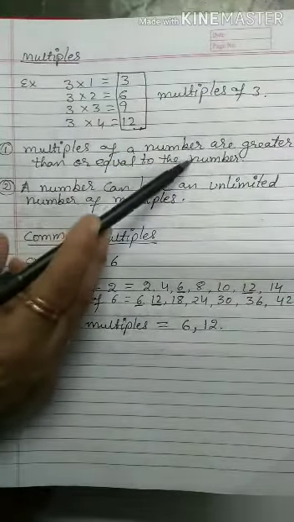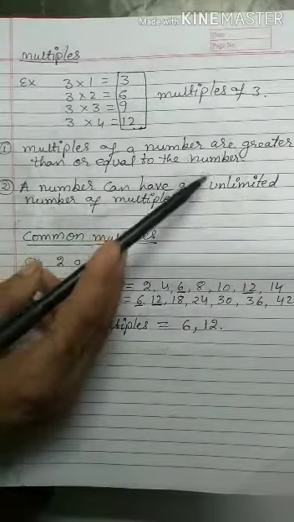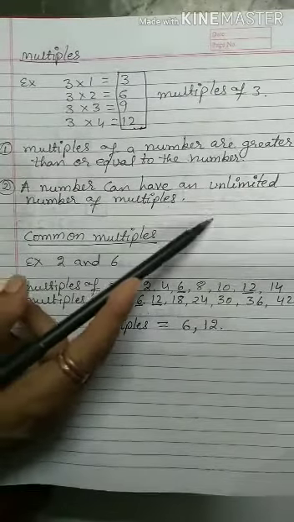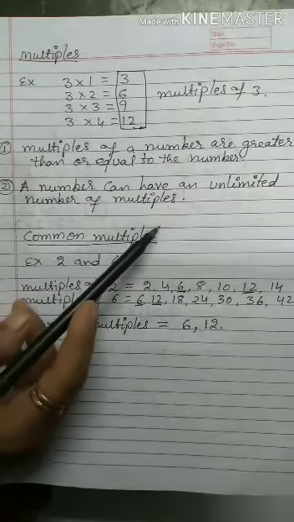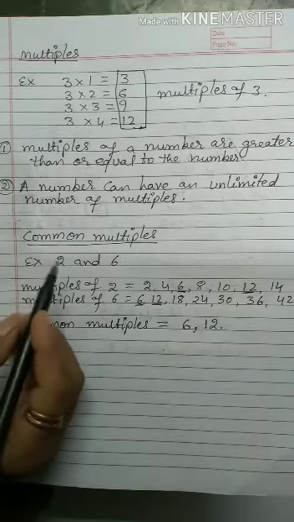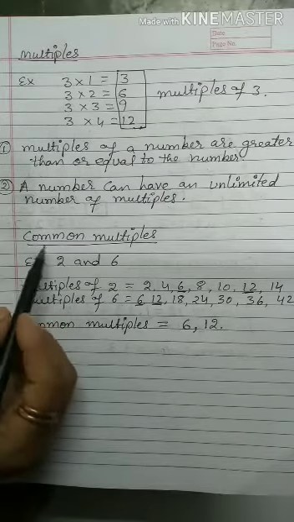Multiples of a number are greater than or equal to the number. A number can have an unlimited number of multiples. We can find multiples by multiplying with other numbers.